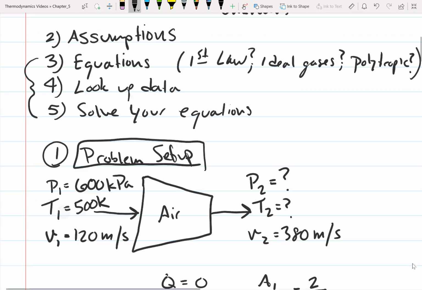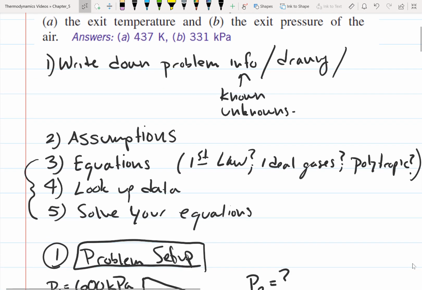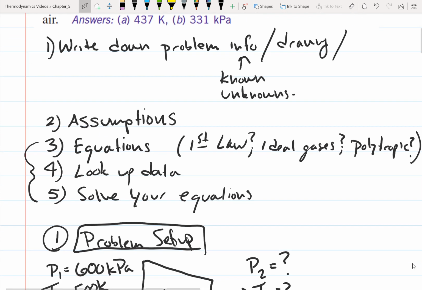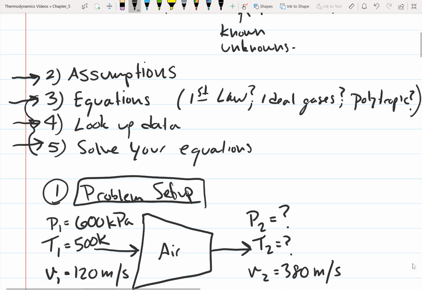So let's just summarize what we did. So we had this nozzle problem, and I just went through these steps. First I wrote down the problem information, did a drawing, made assumptions, and then I wrote down the equations, looked up data, and solved the equations. These last 3 steps might, in some cases, blend together slightly, because you might be solving your equation and then you realize, oh, I need another equation for, say, ideal gas or some other quantity.